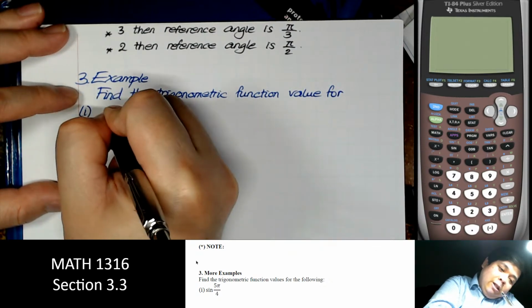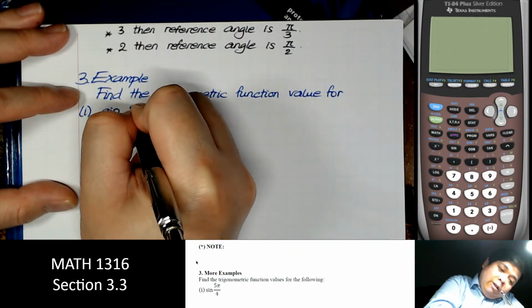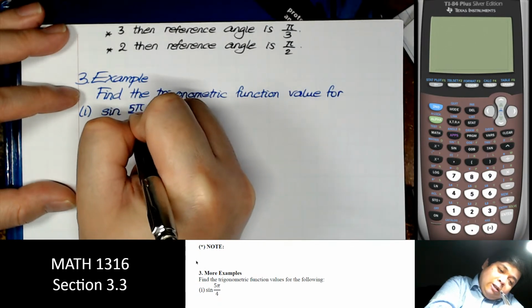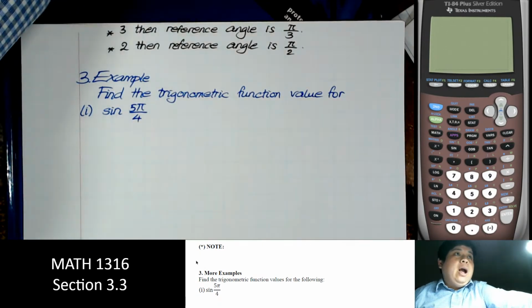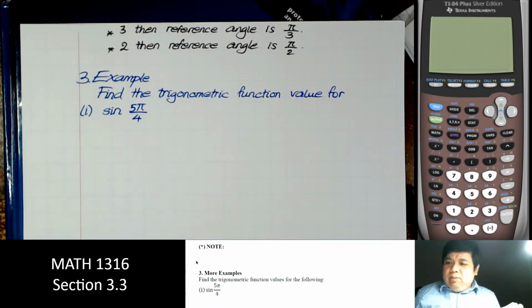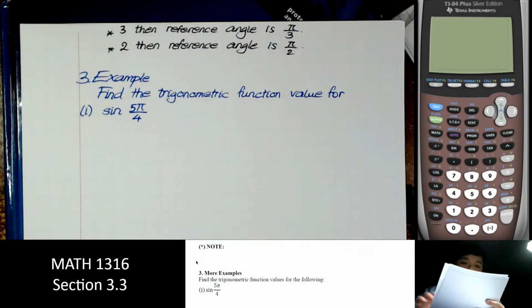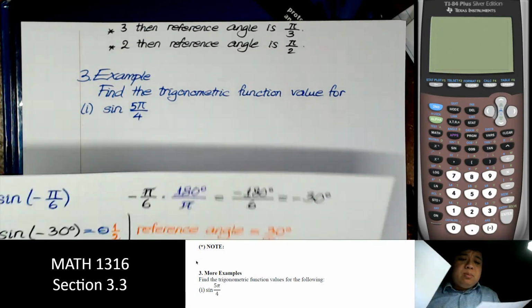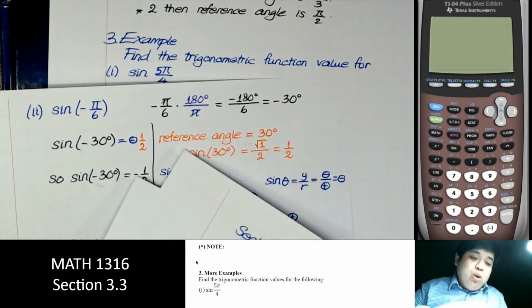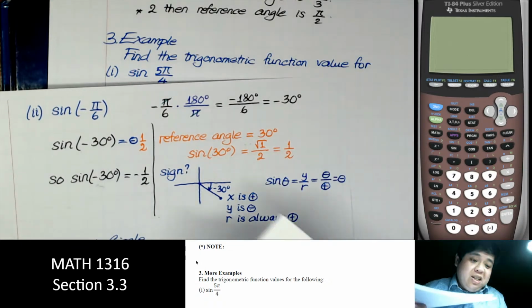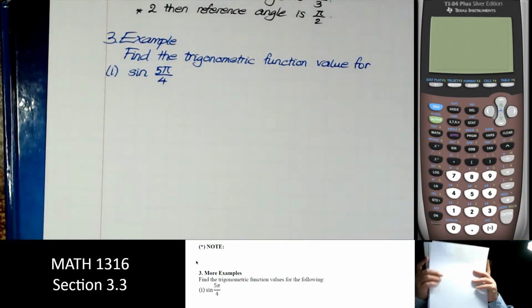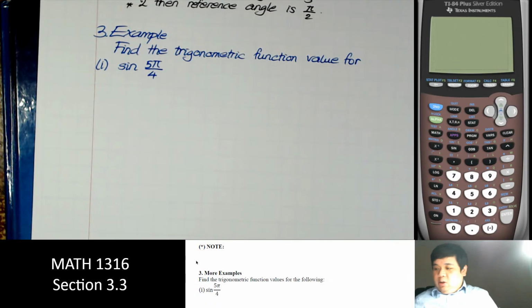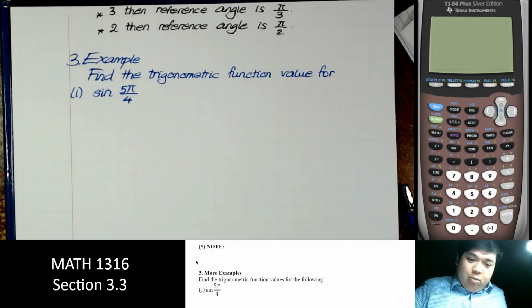First, sine of 5 pi over 4. What is that? What we did earlier, when trying to find that, is two things. First, use the reference angle to find the values. Second, use the quadrant to find the sign. So let me write these important steps.